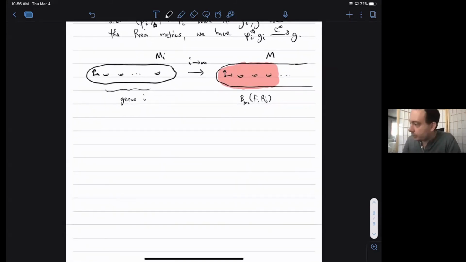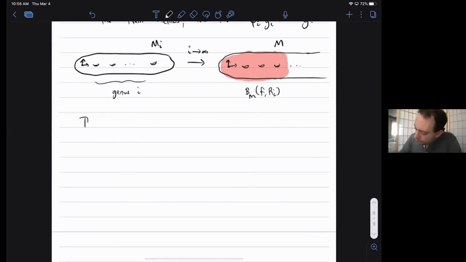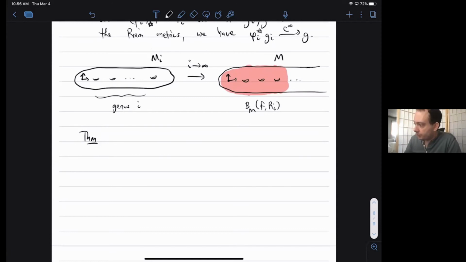Right, and so how does this relate to Chabauty convergence? Well, let's fix a base frame.